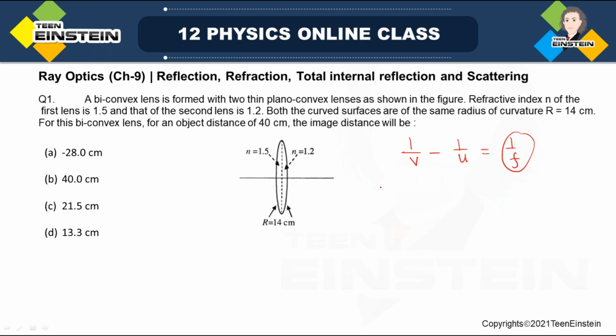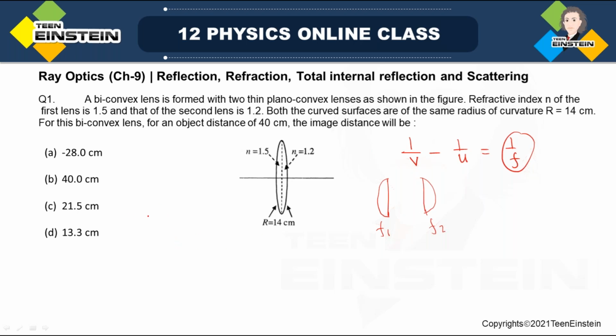See, we have to find out the focal length for this, and we have to find out the focal length for the other half. Suppose this has focal length f1, this has focal length f2, and since these two are combined, you have to take the combination of these two focal lengths to find out the focal length of this particular lens.